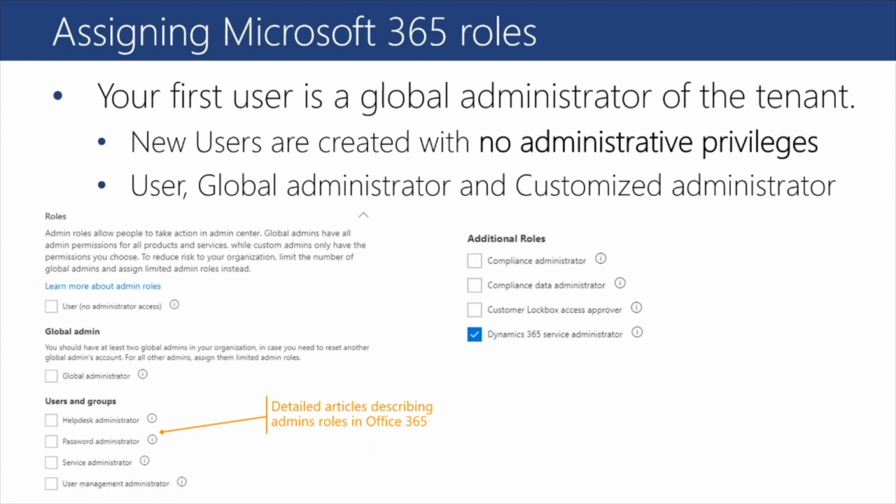After selecting the licenses, a Microsoft 365 role should be selected for that user. For a regular end user, you just need to go ahead and enable the user role in this page. And you can also have global admins or any kind of admins assigned.